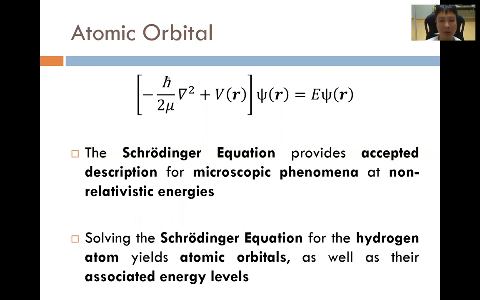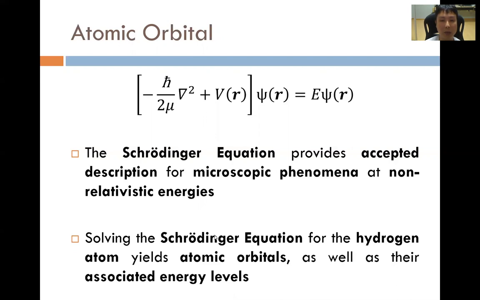So if we were to solve this equation for the hydrogen atom, we would use a set of atomic orbitals, which would give a more accurate description of the behavior of the electrons around the nucleus. And we will also be able to solve for the energy levels of the different types of atomic orbitals.